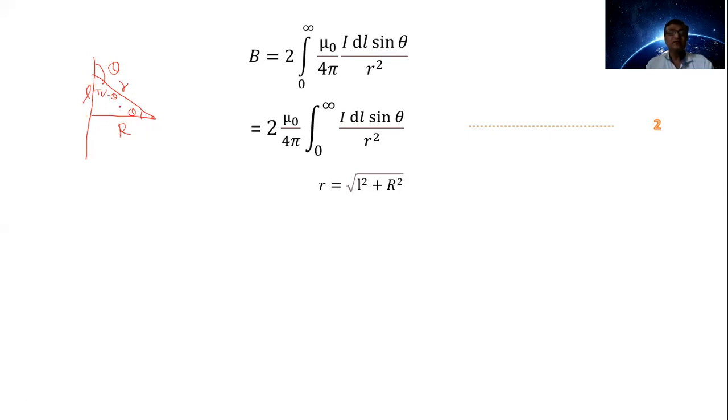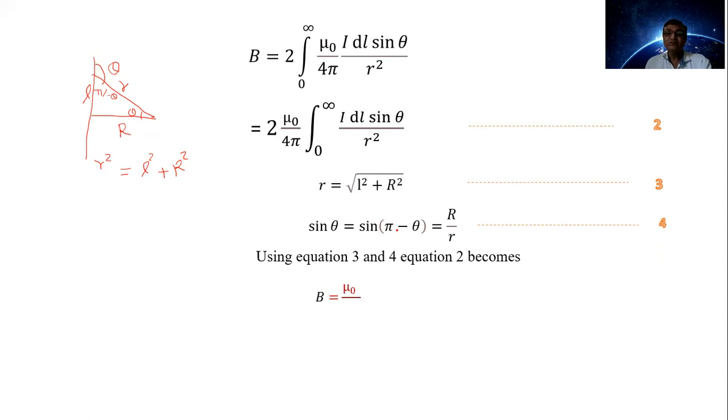By applying the Pythagoras theorem, we can write R square is equal to L square plus r square, and hence R is equal to under root of L square plus r square. Further, sine of theta is equal to sine of pi minus theta, and from this figure sine of pi minus theta is equal to r upon R.